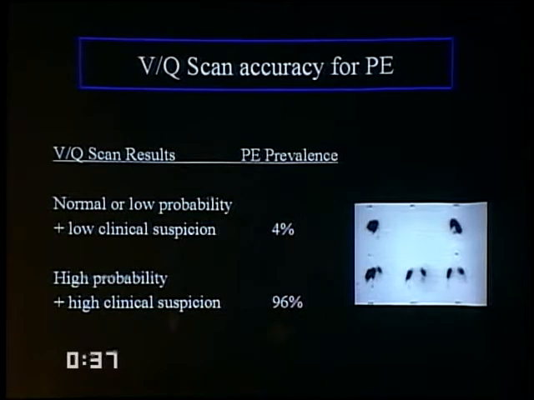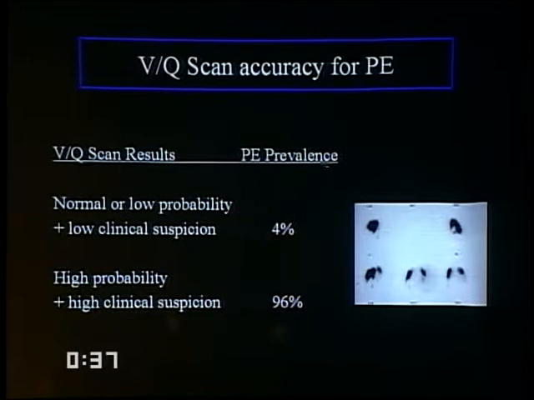VQ scans are not totally obsolete for this application. The situations where a VQ scan can be useful is if one has a normal chest X-ray and low clinical probability and low suspicion, but a desire to exclude pulmonary embolism. A normal VQ scan will exclude pulmonary embolism or significant embolism pretty reliably.